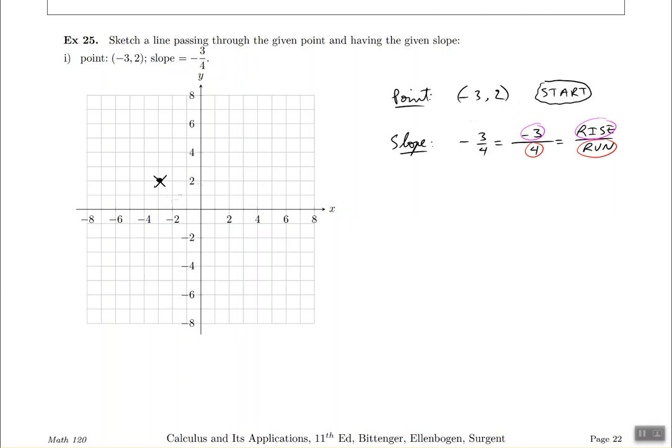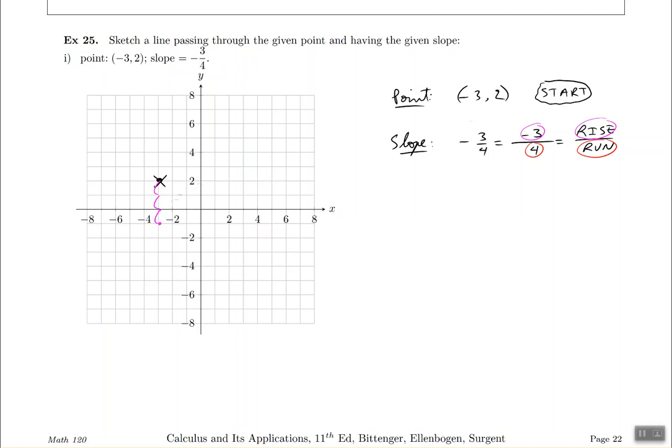Now, what does it mean to say rise and run? A rise is how many steps I have to go up or down from the start point. In this case, the rise is -3. So I have to go down 3 steps. So if I go 1, 2, 3 steps, that puts me over here. So I'm going to pause for a moment and look at the run. How much is the run in this problem? The run is 4.